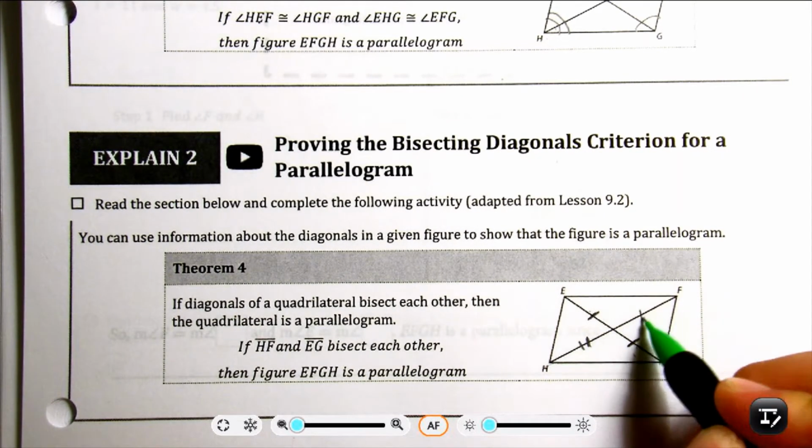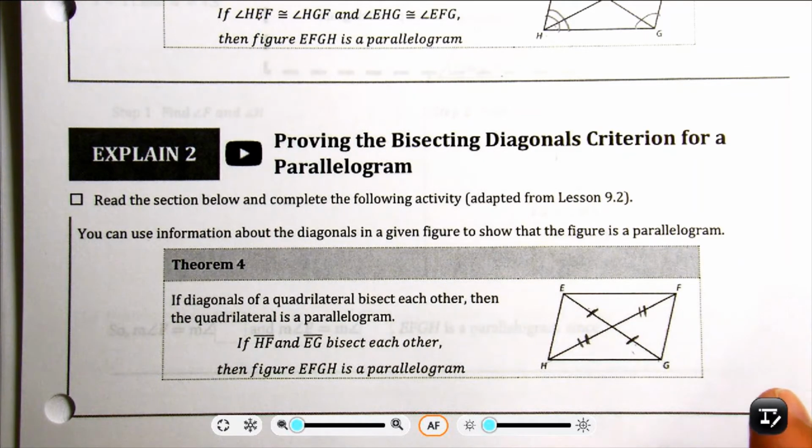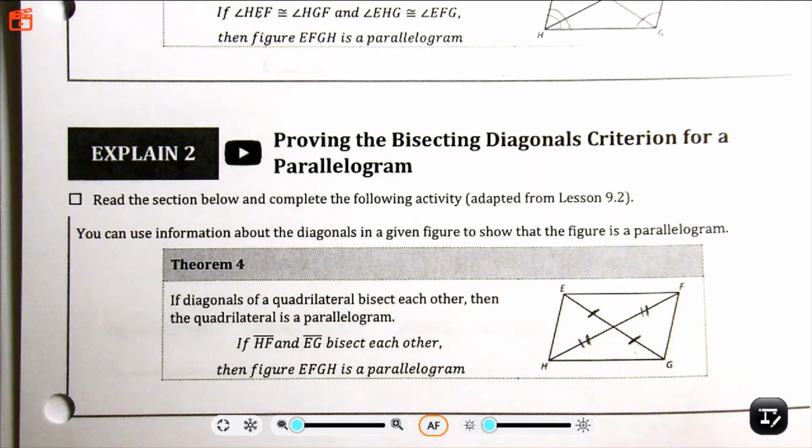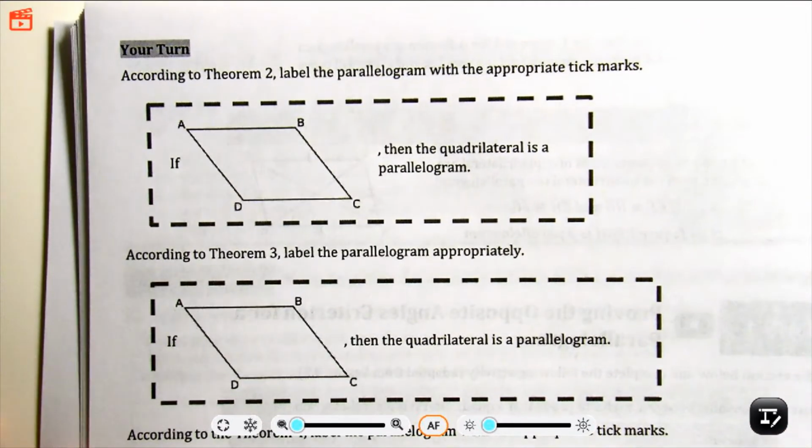So we're going to be using these theorems to answer some questions or to prove that a figure, a quadrilateral, is a parallelogram in the next couple pages. But let's just review Theorems 2, 3, and 4. Let's start with Theorem 2.